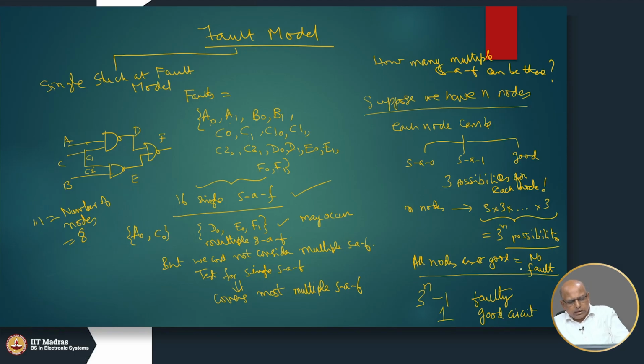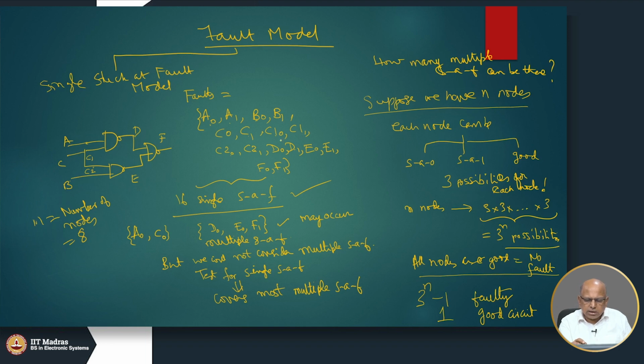You understood? What I am trying to say is, if I take this circuit, n is equal to 8, there is one case where no fault is there, it is a good circuit, but there are 3 to the power 8 minus 1 situations where a fault could occur.